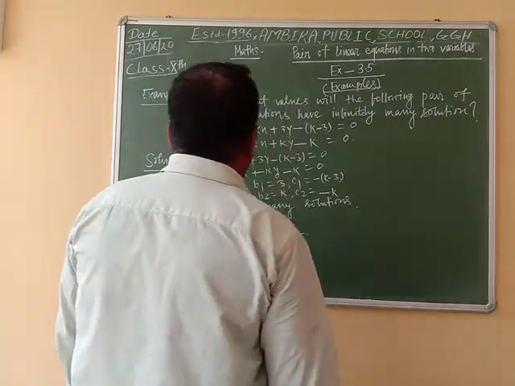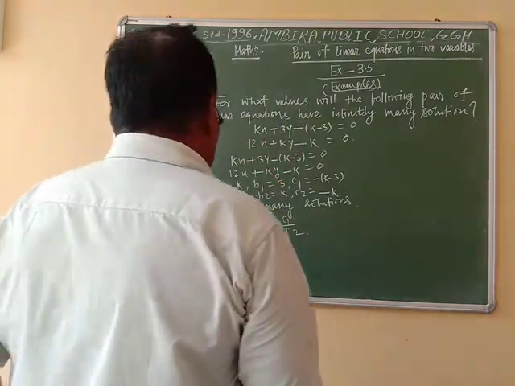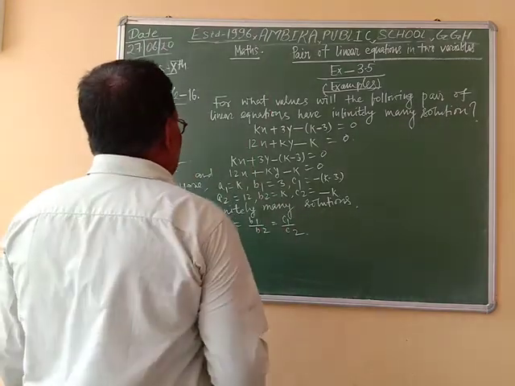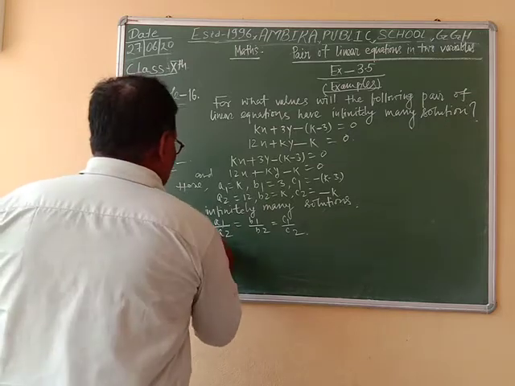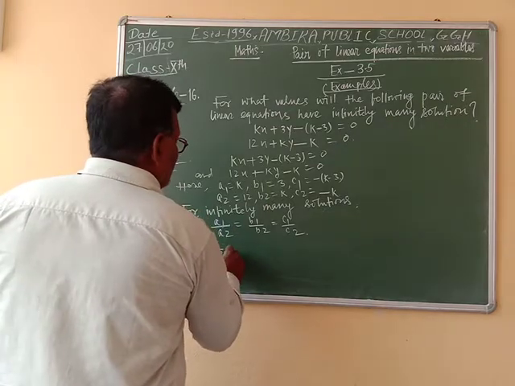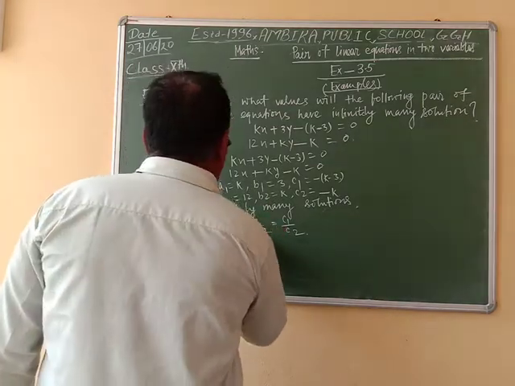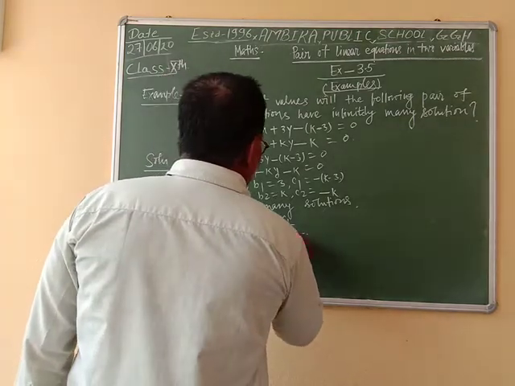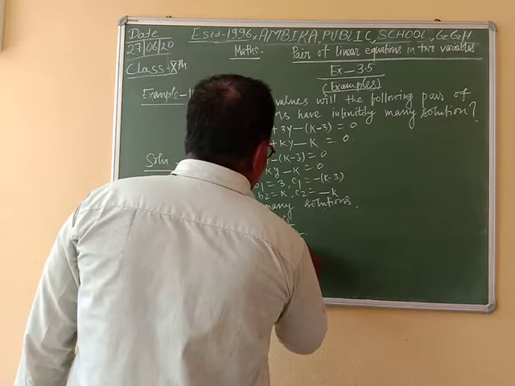Putting the value of a1, b1, c1 and a2, b2, c2: a1 by a2 is k by 12, is equal to b1 by b2, 3 by k, is equal to c1 by c2, minus k minus 3 by minus k.